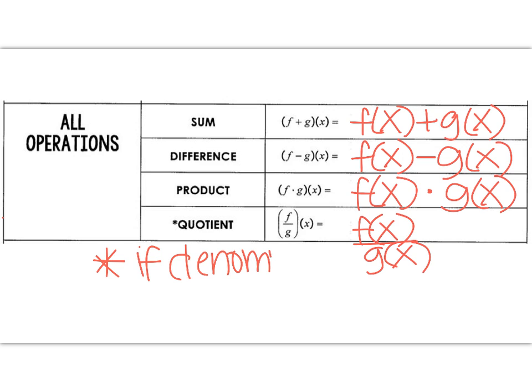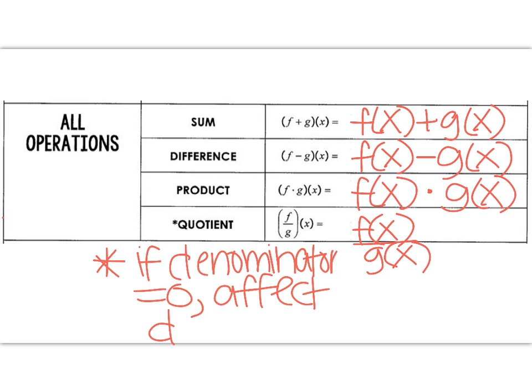So whatever values make the denominator equal to 0, this changes what our domain would be.